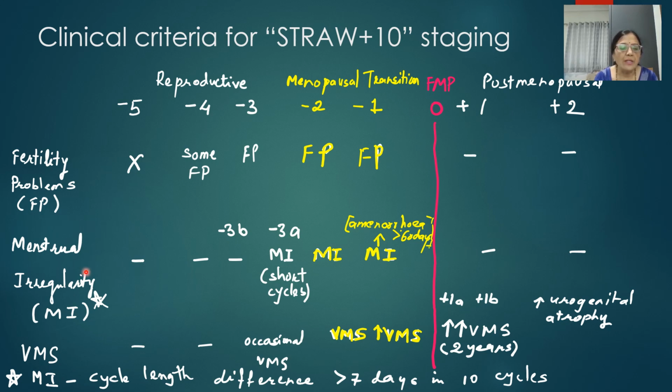Menstrual irregularity is the most sensitive marker of menopausal transition. Vasomotor symptoms are not seen in the early reproductive or the peak reproductive period.